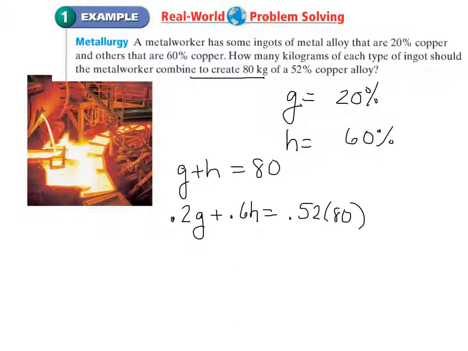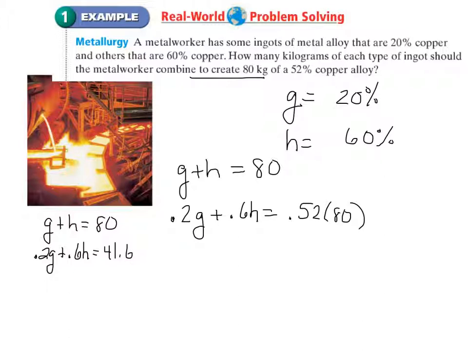That gives me the equations G plus H equals 80 and 0.2 G plus 0.6 H equals what? Well, what's 80 times 0.52? That gives me 41.6.